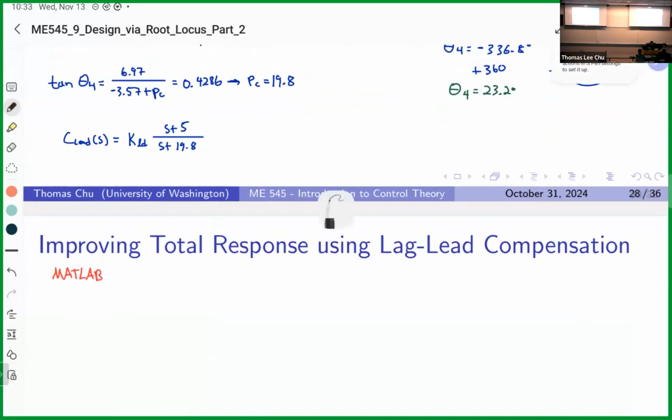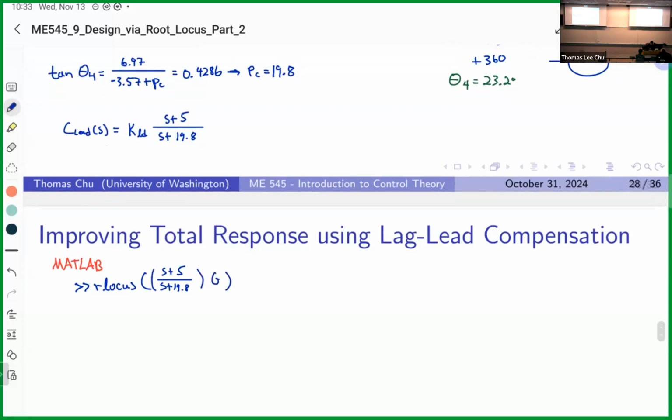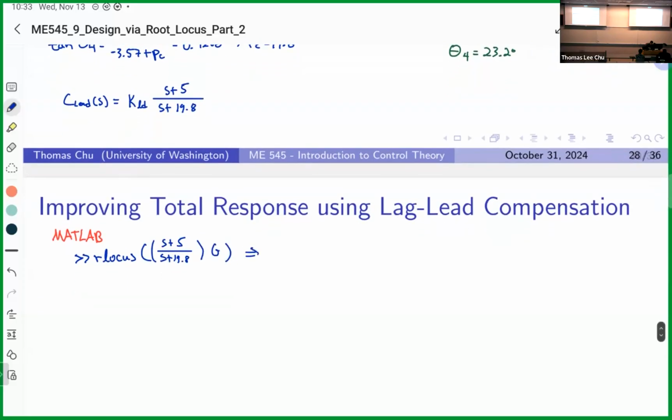To write it out so you can see what I was doing, I would do rlocus of S plus 5, my lead controller, multiplied by G. And I found that K lead is equal to 1,360 to get 20% overshoot at the desired pole location.